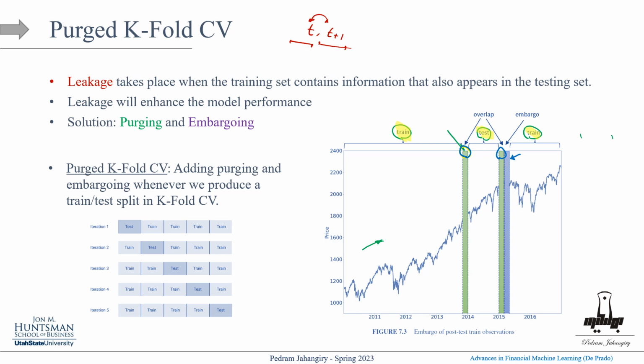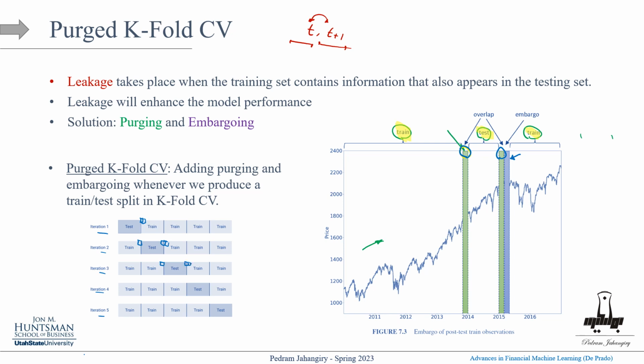Let's say I have my own 5-fold cross-validation: 1, 2, 3, 4, 5. Every single time that you see a train test split, you're going to apply purge and embargo. So for example, right after test, here we are going to have purge, embargo, and then purge, purge, embargo, and so on.